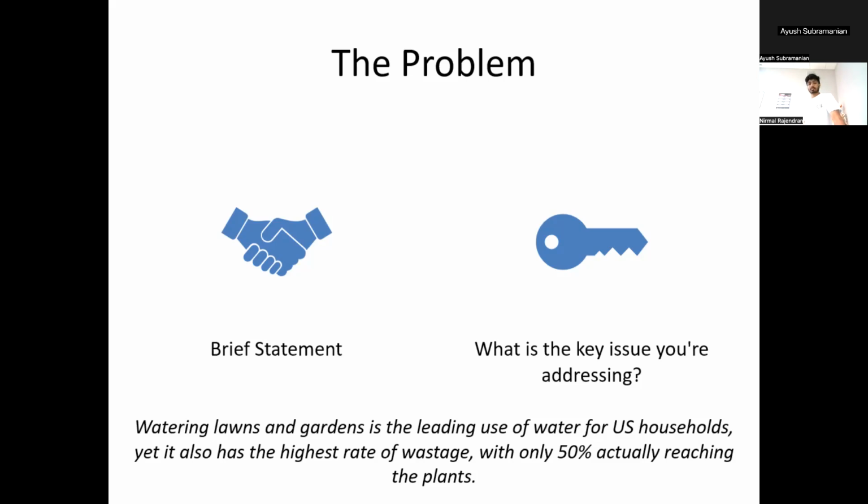So you want to concisely say your problem and describe the key issue you're addressing. Using numbers is always helpful. Just tell people, hey, this impacts XYZ people, or talk about who would use it. The judges don't know anything about what you're doing, so you have to introduce them to it from scratch and bridge that gap.